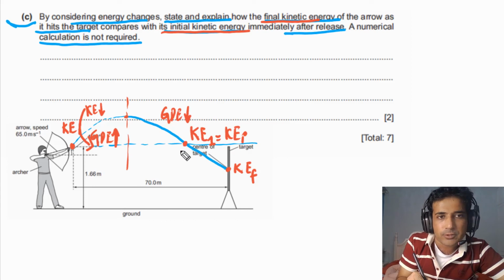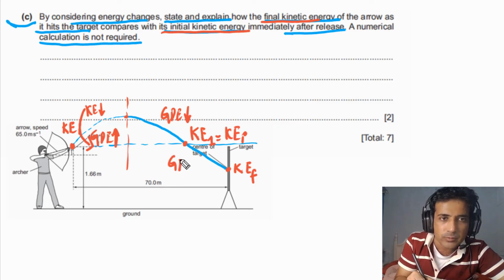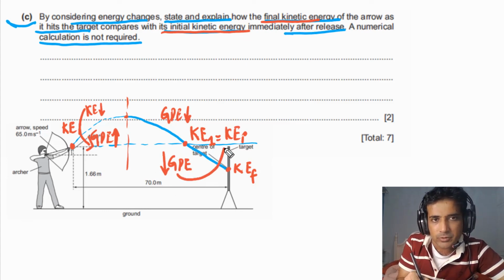But after this one, you see the arrow is still falling, meaning the arrow is moving downwards. So as the arrow is moving downwards, the gravitational potential energy of this arrow will decrease. As this energy is decreasing, it means this energy will be converted into kinetic energy. So in this region, simply we can draw an arrow here. In this region, kinetic energy is greater than the initial kinetic energy because gravitational potential energy is decreasing.